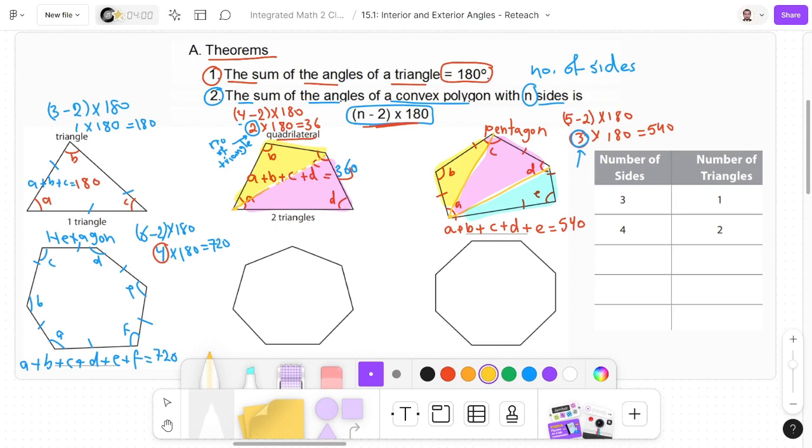So just pick any random point. So let's pick here, this one here. Okay, so from this one to this one, and from this one to this one, and from this one to this one here. So as you can see here now, how many triangles do I have? So let's color them. So this is the first triangle that I have, okay? And this is the second triangle, okay?